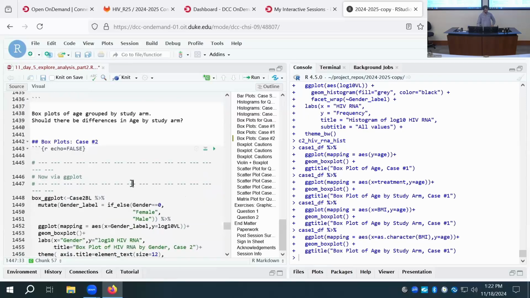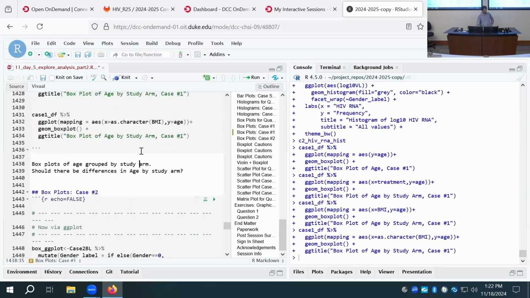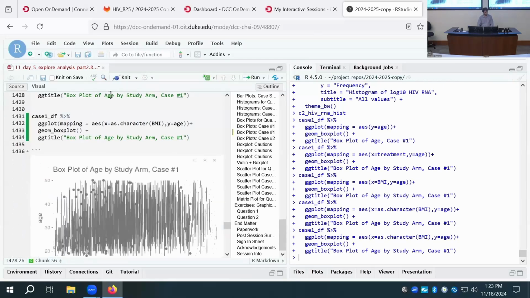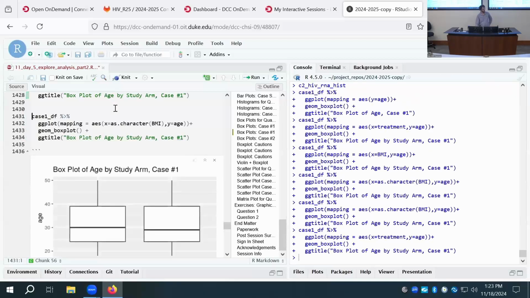Okay. So as a question, should there be differences in age by study arm? This is going back to this, remember that case 1 was a randomized trial. So would you expect there to be any differences by age?